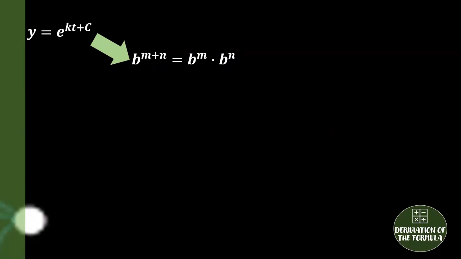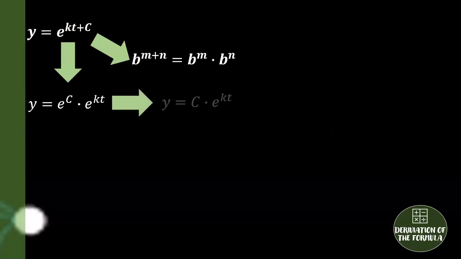Since we have a plus sign here, we can separate the base e. So can we rewrite it as y is equal to e raised to c times e raised to kt? Next, we have y is equal to c times e raised to kt.